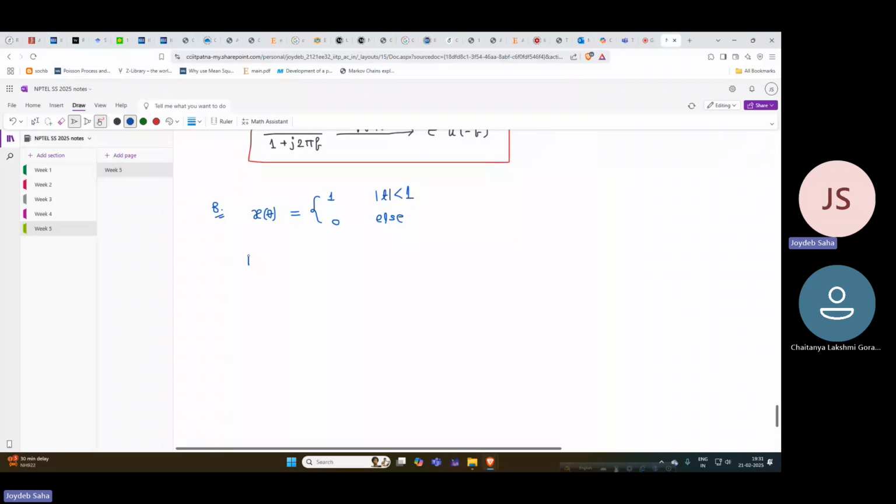Find the Fourier transform of y(t) is equal to x(t) convolution x(t) by 2. Okay.